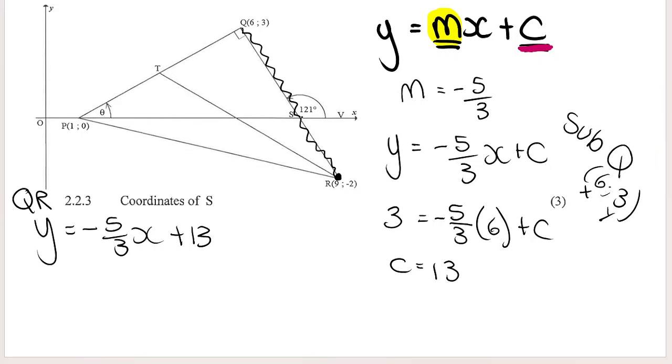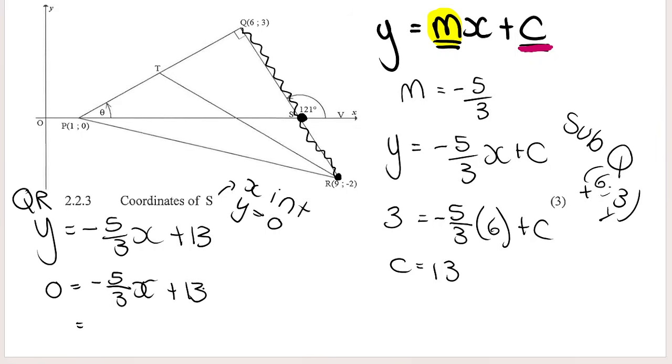Now I'm looking for the coordinates of S. S is my x-intercept. And to find the x-intercept, you make y equal to 0. So in the place of y, I'm going to put a 0: 0 equals negative 5 over 3x plus 13. And then you solve for x. So take the 13 over, it becomes negative 13. And then to get x by itself, it's currently multiplied by negative 5 over 3, so we divide by negative 5 over 3.